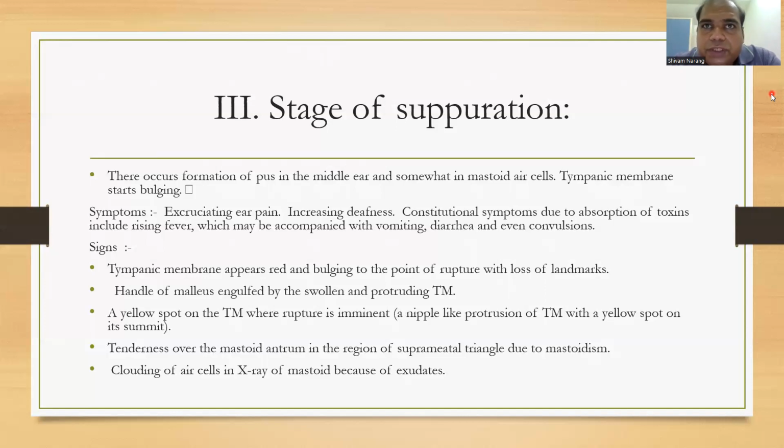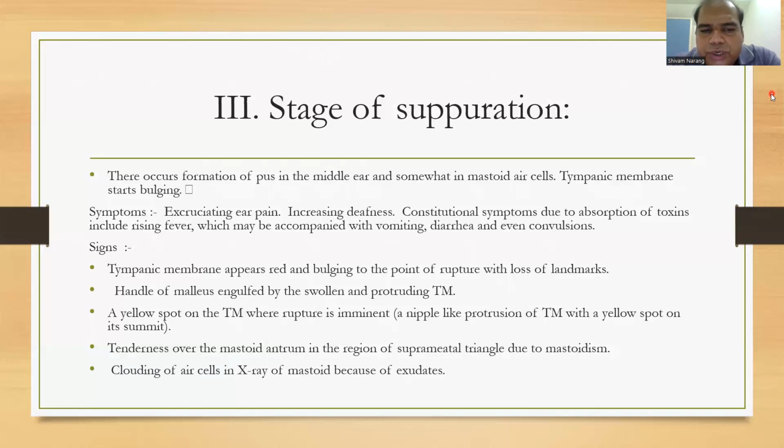Here again, the curvature is affected, so the light reflex will be absent. As I told you, a pus point or a yellow spot on the TM where rupture is imminent, a nipple-like protrusion from the tympanic membrane with a yellow spot on the summit.